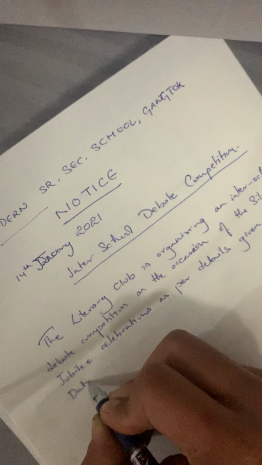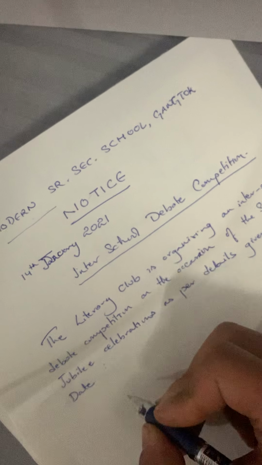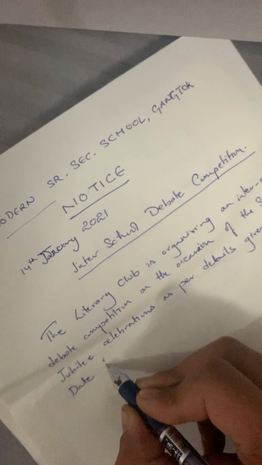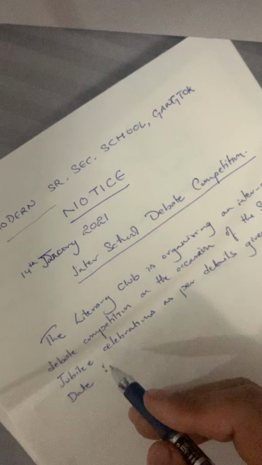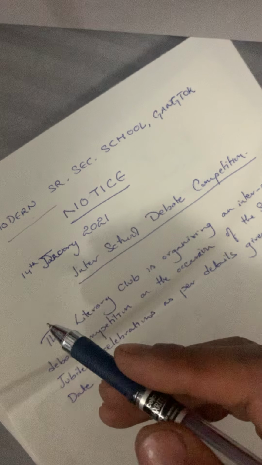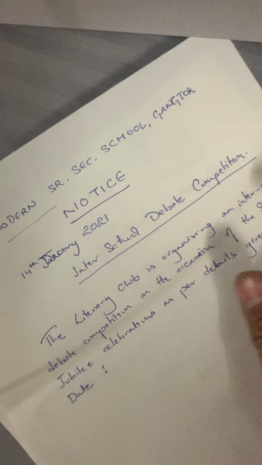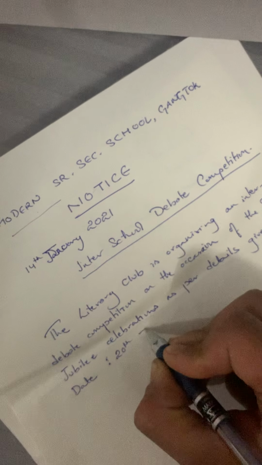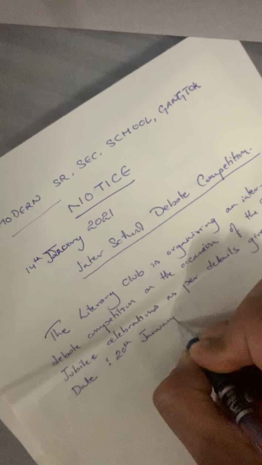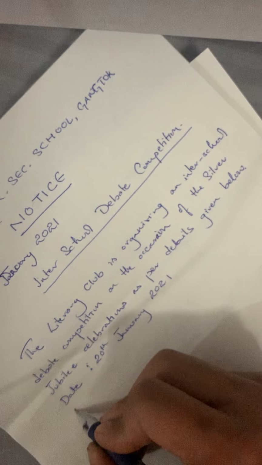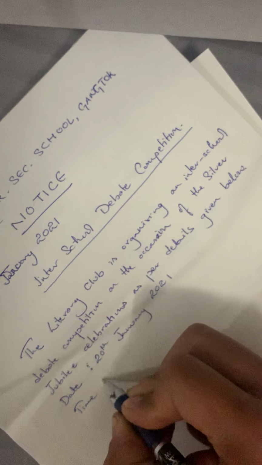When? Date? Let's say 14 January, family information, and obviously it has to be after 14. You can't give the date as 12 January and write 14 January here. All right, it is about an event that is about to happen. It hasn't happened. So let's say 28th January 2021. When?